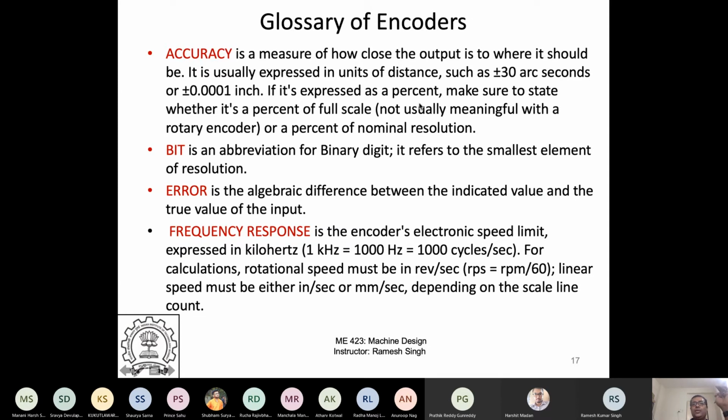That's very important. Ideally, when you ask for accuracy, you should ask for the exact unit of distance, whether rotary in arc seconds or linear in inches. Bit is the abbreviation of binary digit. It refers to the smallest element of resolution. Error is the algebraic difference between the indicated value and the true value of the input.